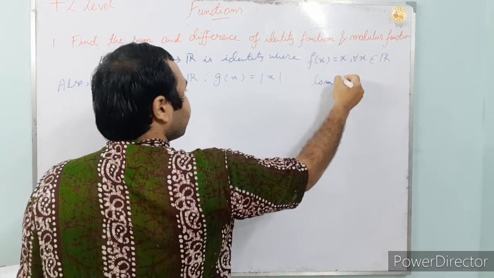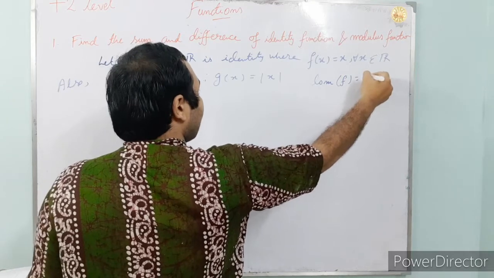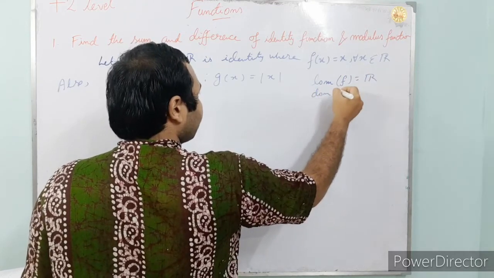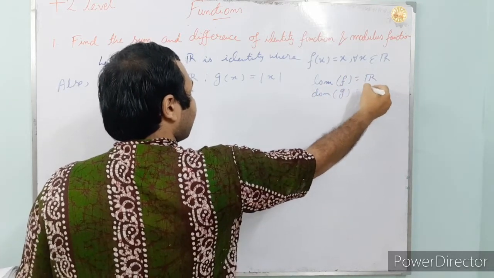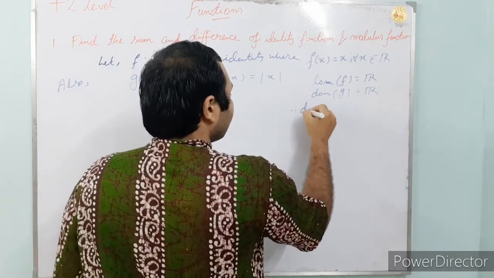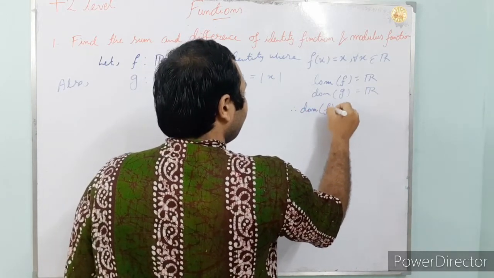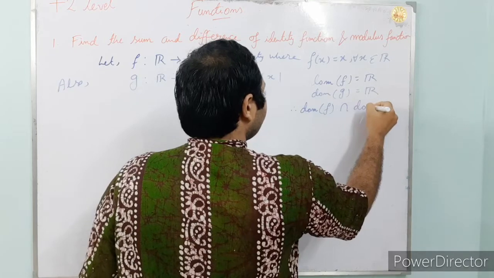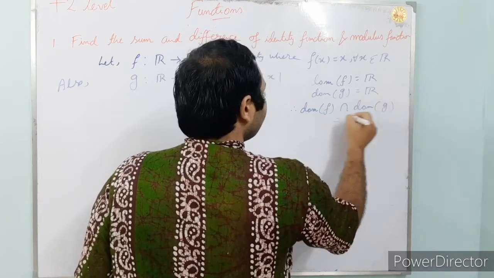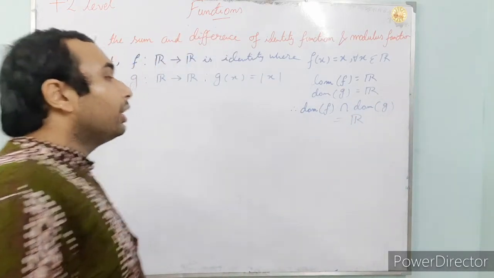Domain of f is R, domain of g is also R. So domain of f intersection domain of g will also be the real number set.